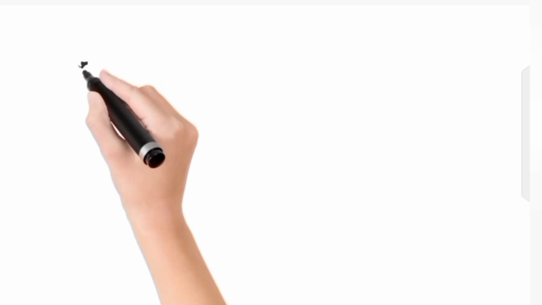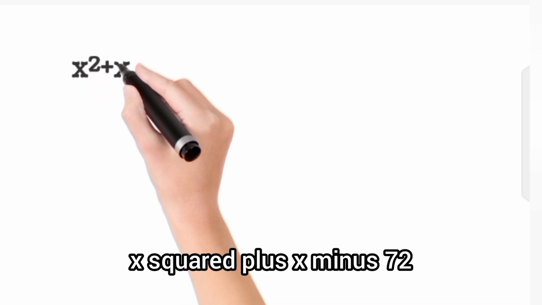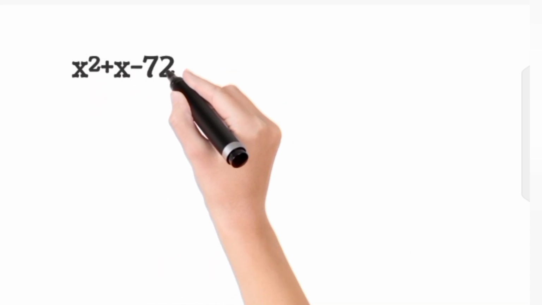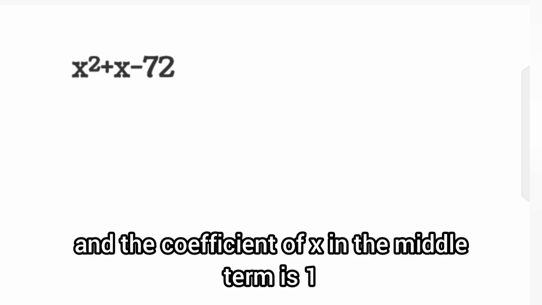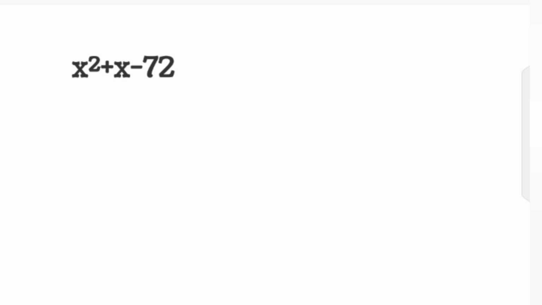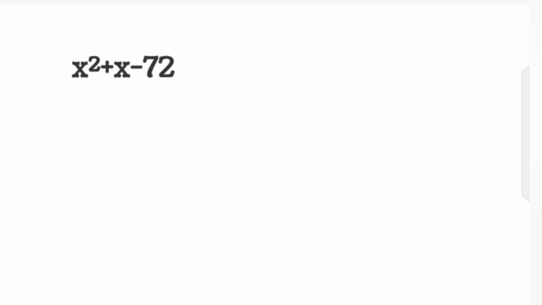Another that falls in this case is x squared plus x minus 72. So we have positive middle term, and the coefficient of x in the middle term is 1, and the last term is negative 72 or minus 72.